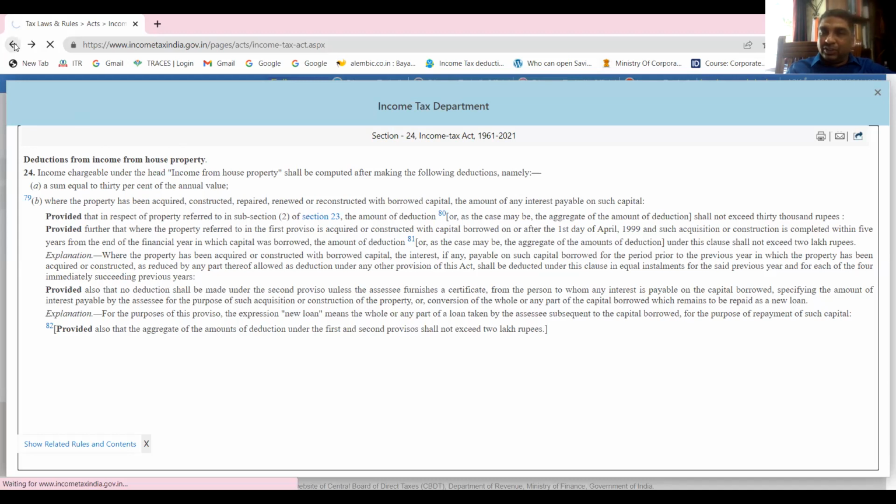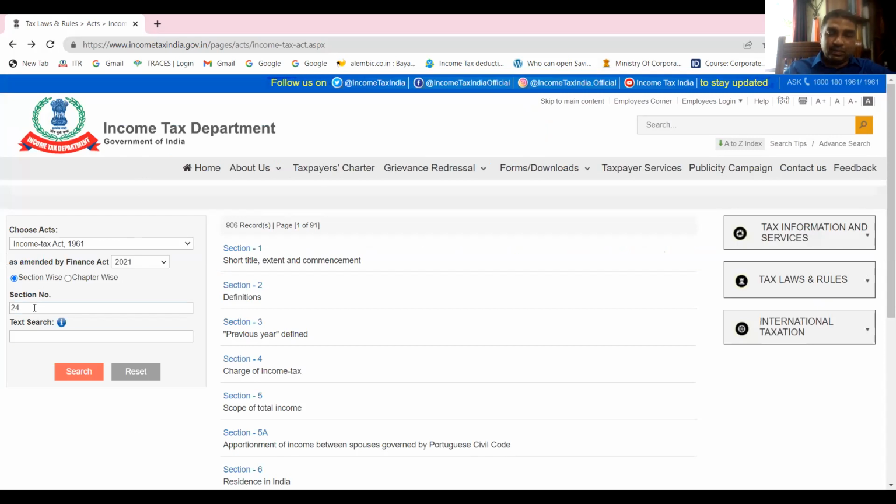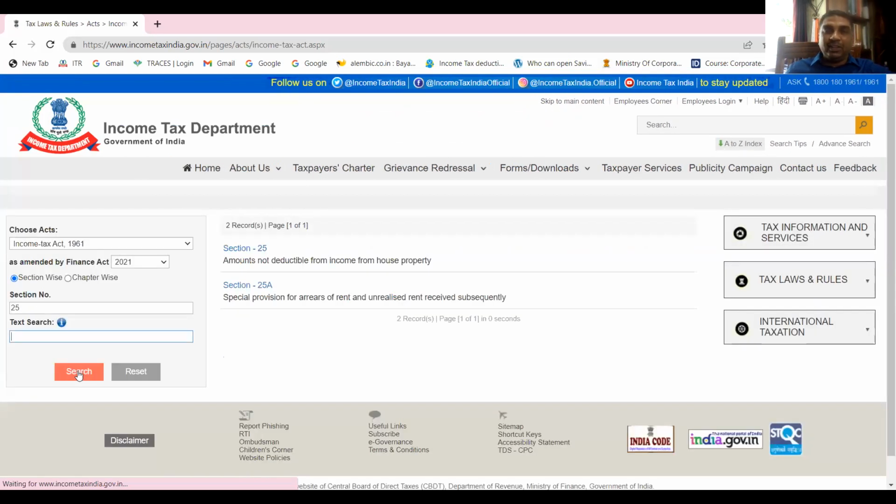Now let us see what section 25 says. Section 25, if you look at here. Now you see 22 is the charging section. 23 is the method of determination of annual value. 24 is the deduction. 25 is amounts not deductible from income from house property. Certain restrictions are there. There is a section 25A.